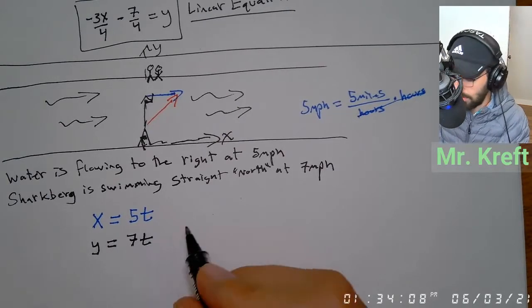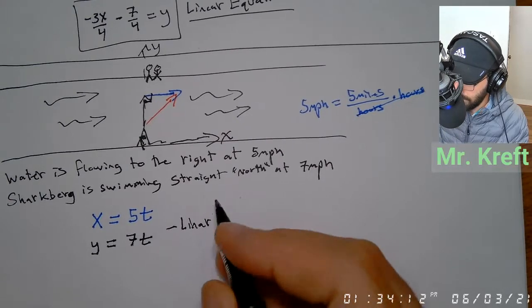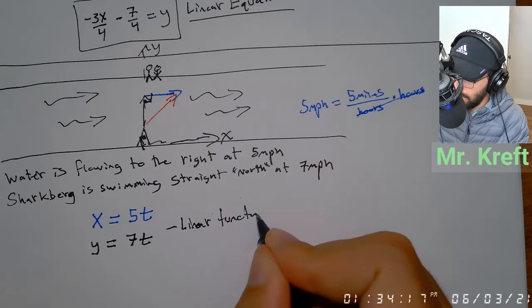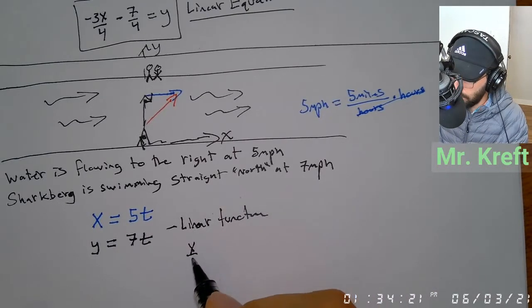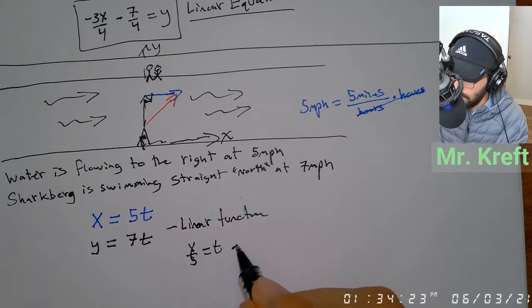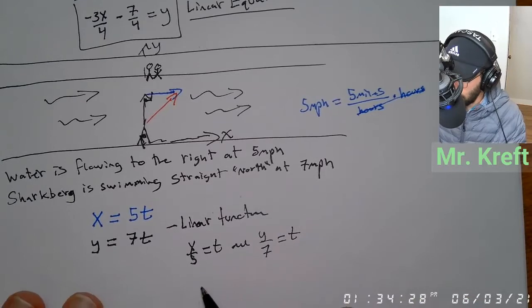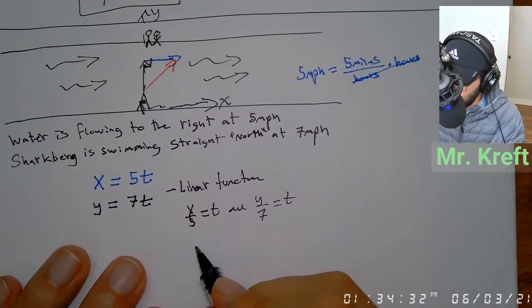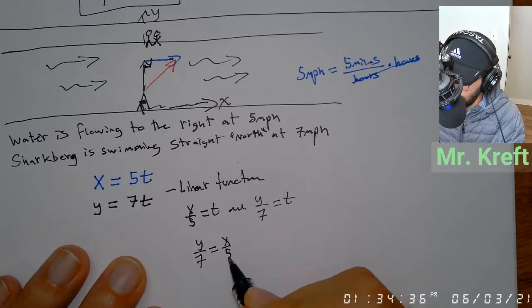But if I wanted to get this to a linear equation, oops, there's an E in there. Then all I have to do is solve. So I would get x over 5 equals t, and y over 7 equals t. So we would get y over 7 equals x over 5.